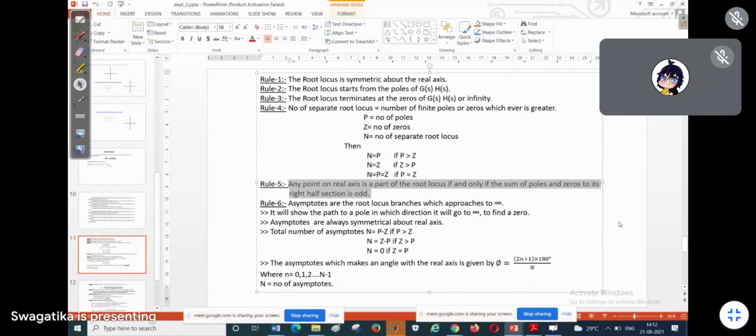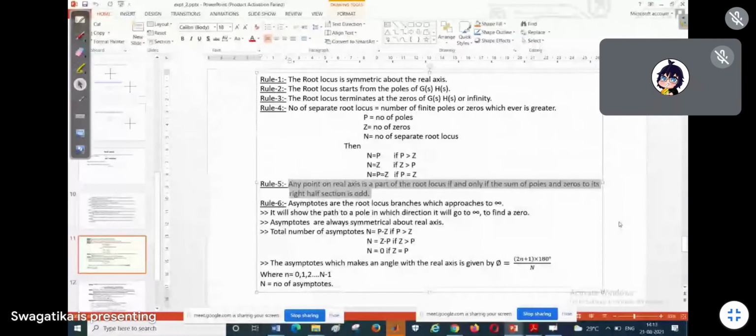Obviously minus 2 minus 3j was not on the real axis. So I am asking you what are the poles which are on the real axis. One is 0 and one is minus 6. Right? So in between 0 to minus 6, that portion is involved in the root locus, yes or no?